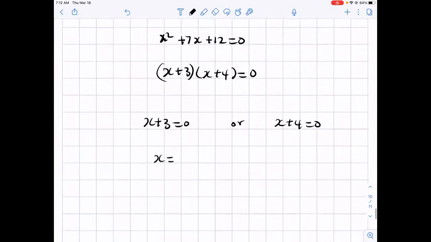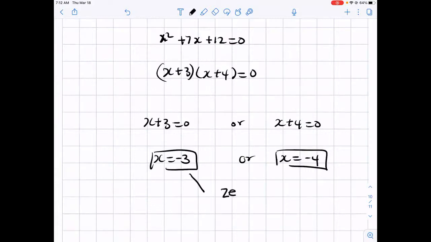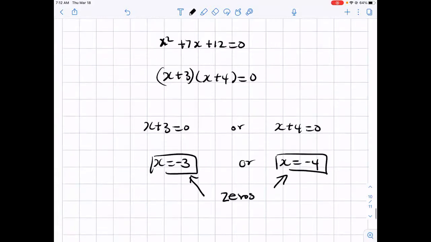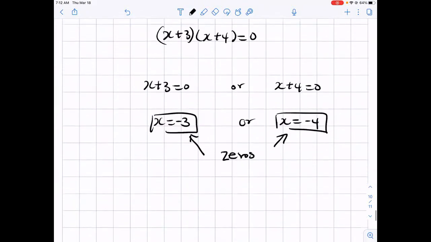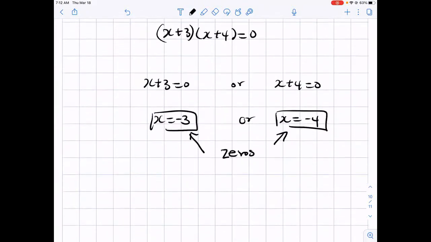So x is equal to minus 3, or x is equal to minus 4. These are your zeros. So x equal a is a zero of the function. In this case, my a is minus 3 and my a is minus 4.